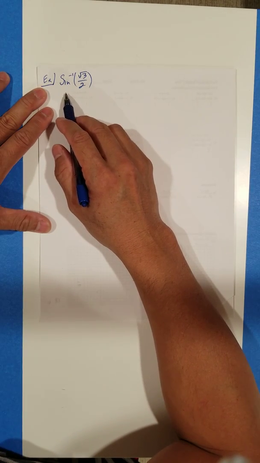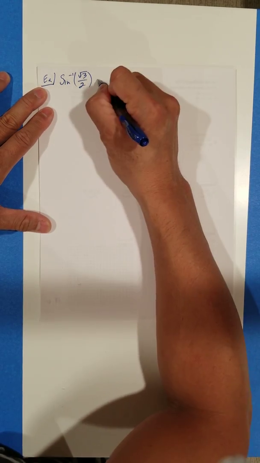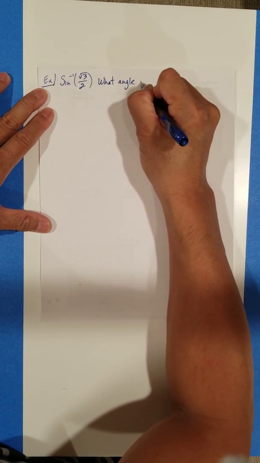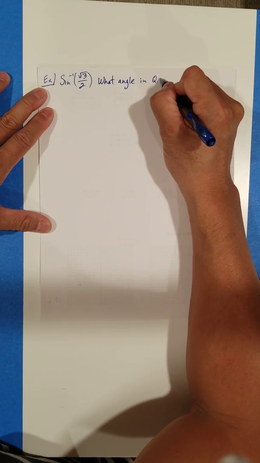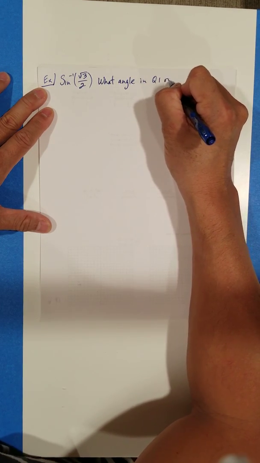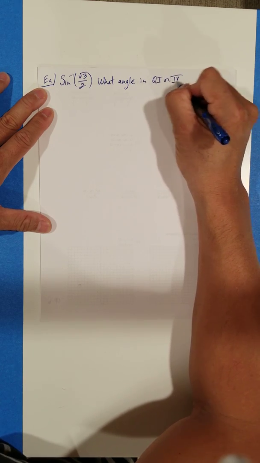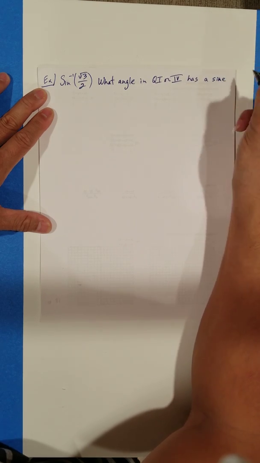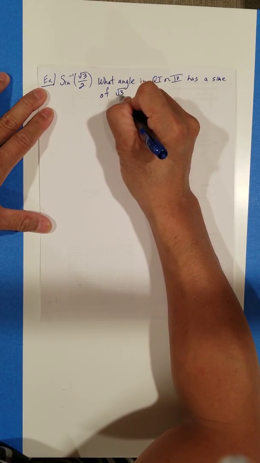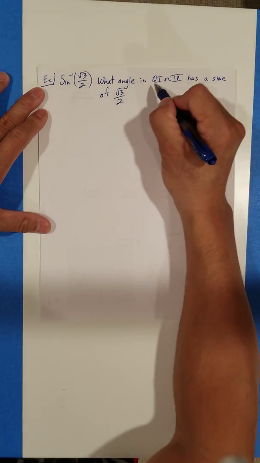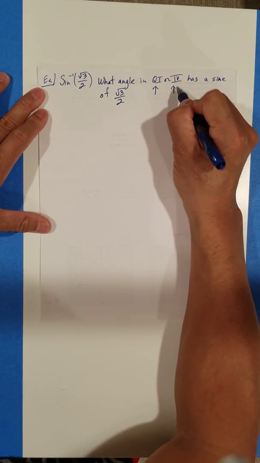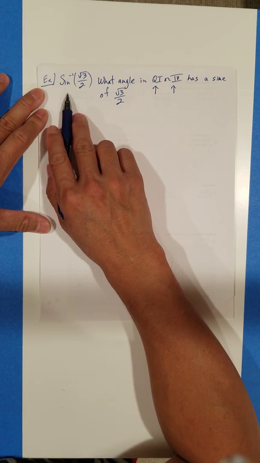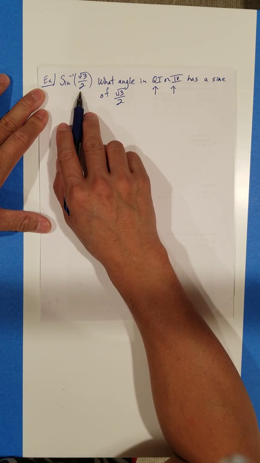When you see this, it says what angle in quadrant 1 or 4 has a sine of radical 3 over 2. Okay, so we're only looking for quadrant 1 or 4 for principal value inverse of sine. We're looking for what angle has a sine value of radical 3 over 2.